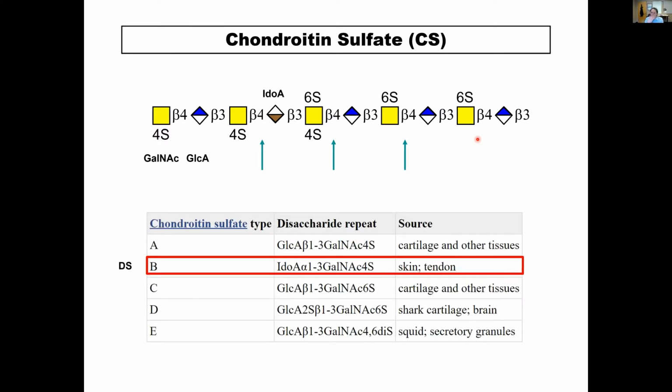These are the different types of chondroitin sulfates, and again, they can have different sulfation patterns. If you only have 4 sulfate groups, it typically is going to be either chondroitin sulfate A or B. The different types of chondroitin sulfates or dermatan sulfate are also found in different tissues.